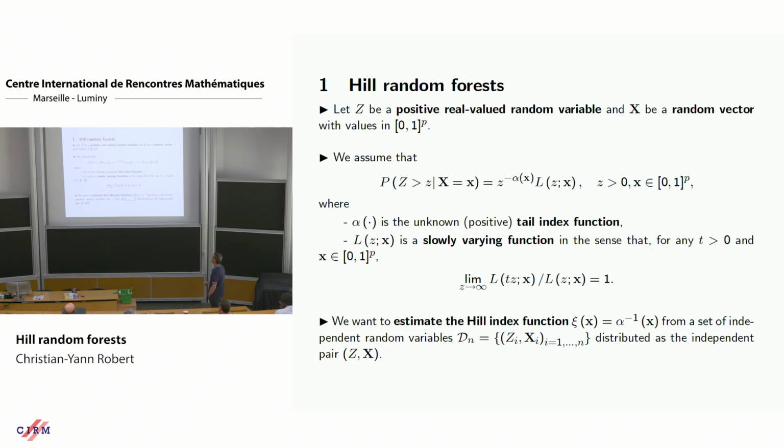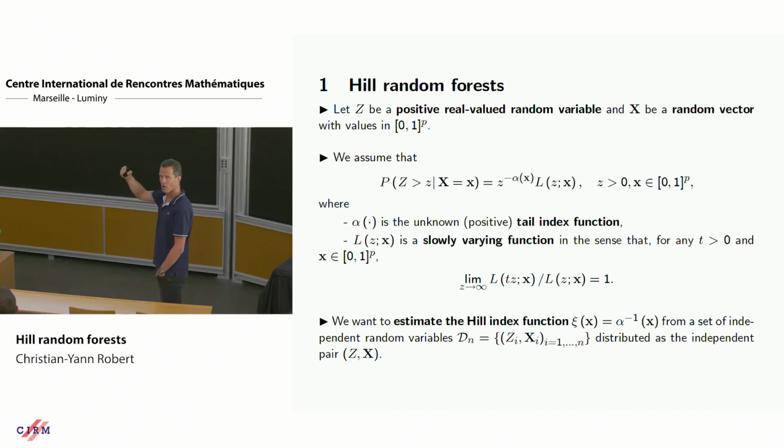They are not known, and you have to try to mitigate their effect because you don't have exactly a Pareto distribution, only asymptotically; that is, when you consider only the largest values of the sample, you are able to estimate alpha(x). So what we want to do is to estimate alpha, or rather xi, which is the reciprocal of alpha. For this, we have a set of independent random variables D_n, couples (Z_i, X_i), to estimate this function.